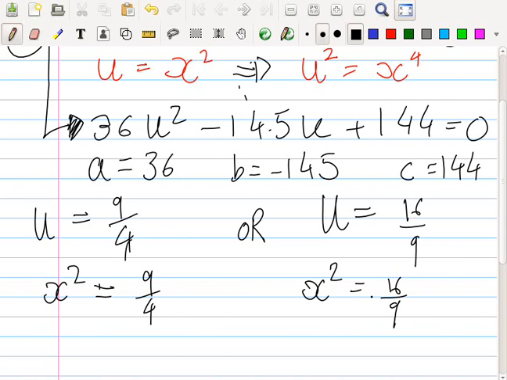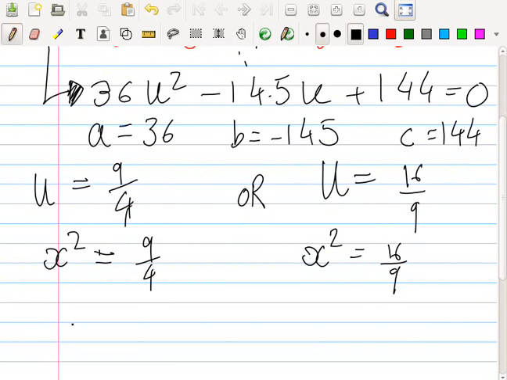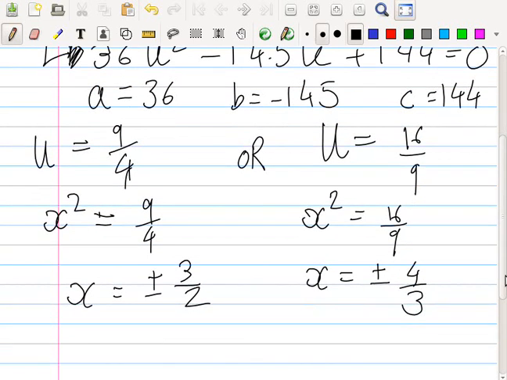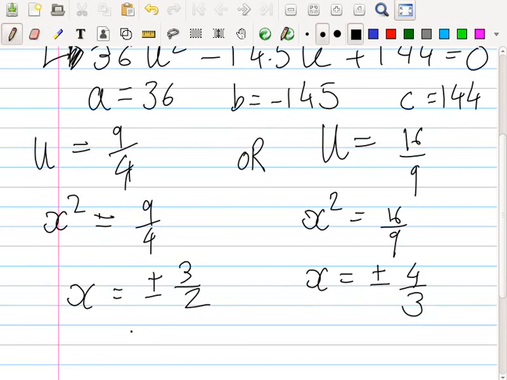So now we have two more quadratics, although they're very, very simple quadratics. Just taking the square root here gives me x equals plus or minus 3/2, and here x equals plus or minus 4/3. So in total we have 4 answers. I'll do them in order: minus 3/2, minus 4/3, 4/3, or 3/2.